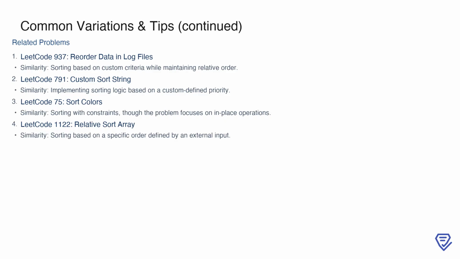LeetCode 75, Sort Colors, involves sorting under constraints, though it emphasizes in-place operations rather than transformation-based sorting. Finally, there's LeetCode 1122, Relative Sort Array, which involves sorting based on a specific order defined externally. These problems are great practice for strengthening your understanding of custom sorting logic and handling constraints effectively.